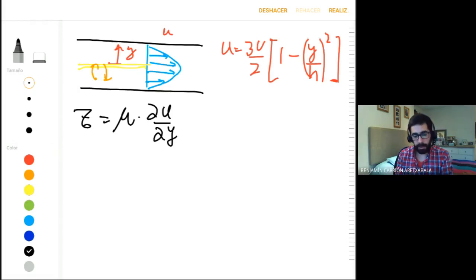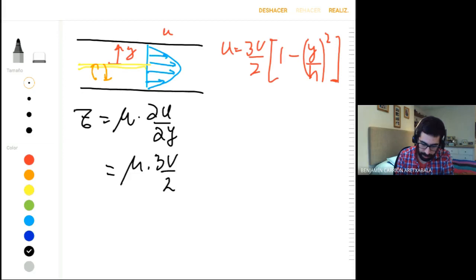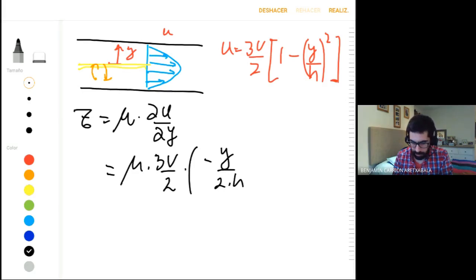And since you all know calculus, we can take the constants out, right? So it should be 3v over 2, and the derivative of the inside part should be minus y over h. And here I forgot, but h is this distance. This is h. So this is the center line.